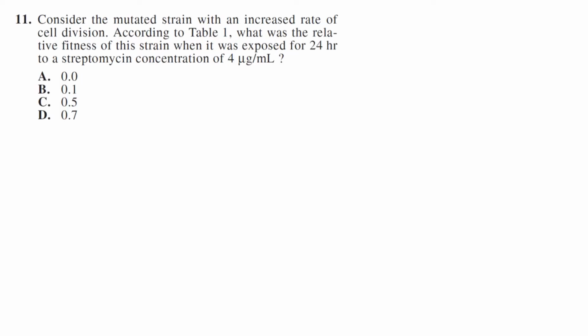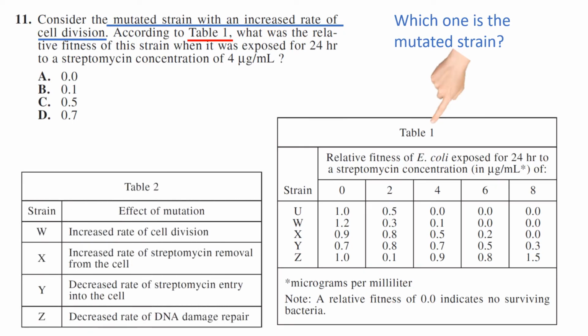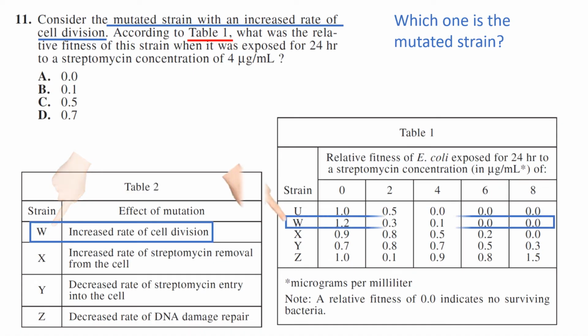This one can be a little bit tricky, number 11. Consider the mutated strain with an increased rate of cell division according to table 1. So in table 1, we see, all right, great. Well, which one's the mutated strain? You have to find that in table 2, and it doesn't tell you to look there. But in table 2, you see it's strain W that has the increased rate of cell division. Now you know you're looking at strain W in table 1.